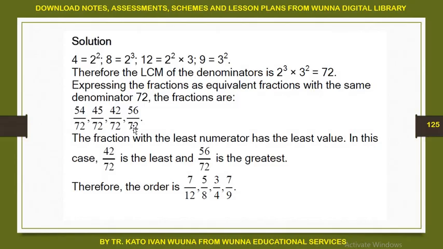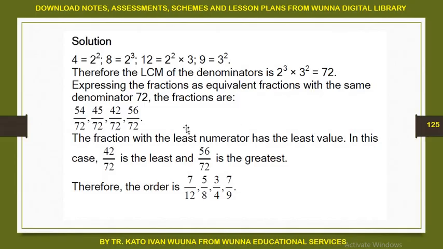And now we shall determine the value of a fraction not by the denominator because they are the same, but by the numerator. So if you look at the numerator, 56 is the highest, and the fraction with the least numerator has the least value.